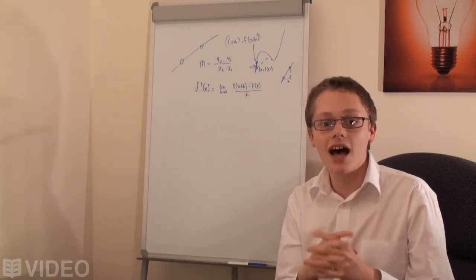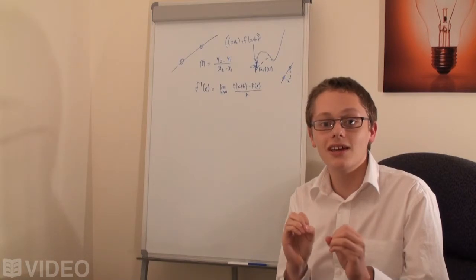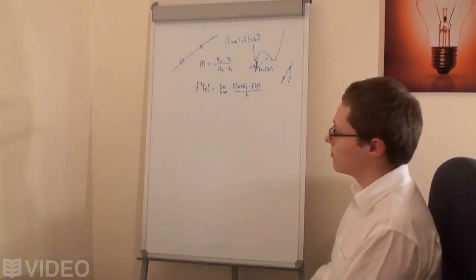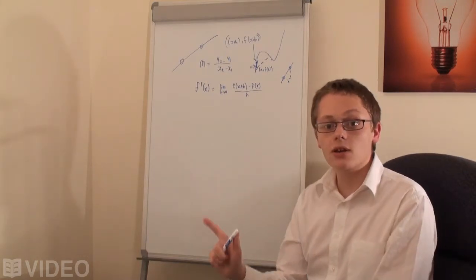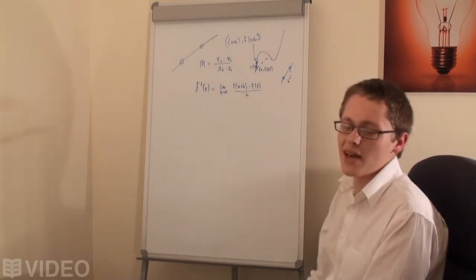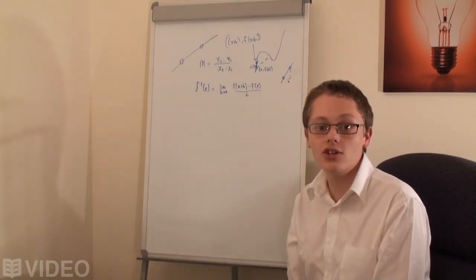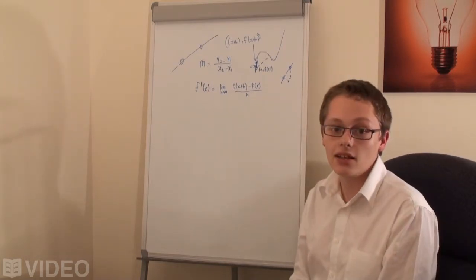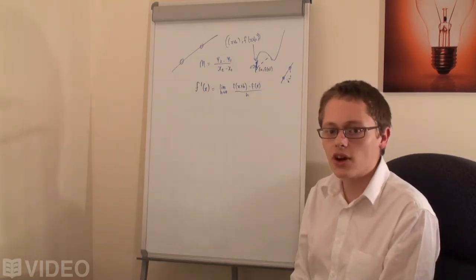The points are almost merging, almost ready to collide. But you're probably thinking, wait a second, we've got a problem. And yes, we do. We cannot make h equal 0 in that equation, because if we're dividing by h, then we're going to get divide by 0.